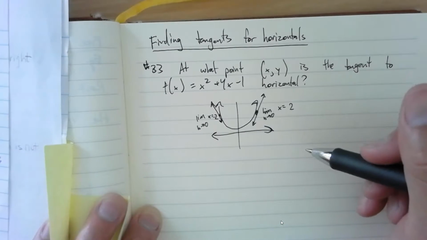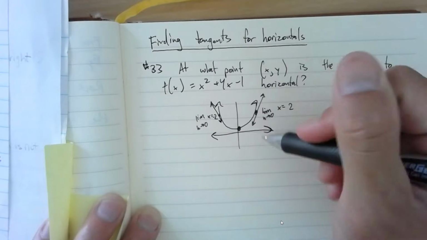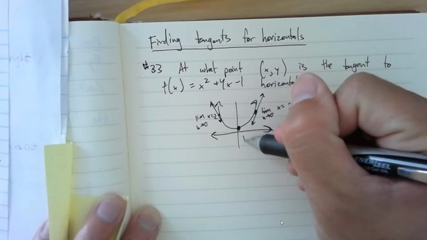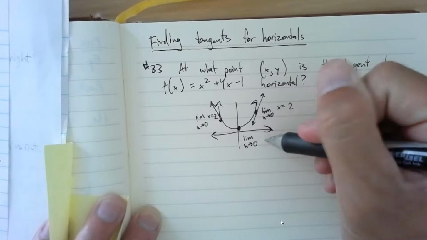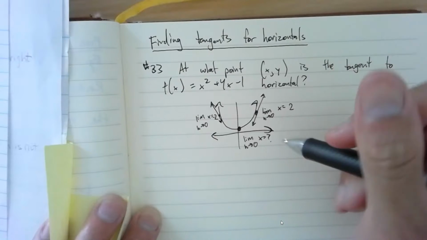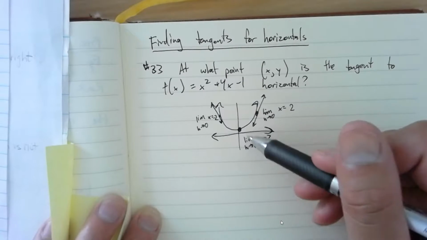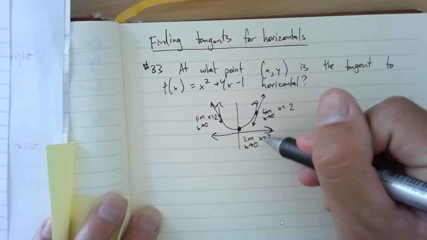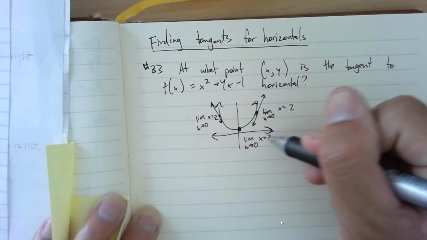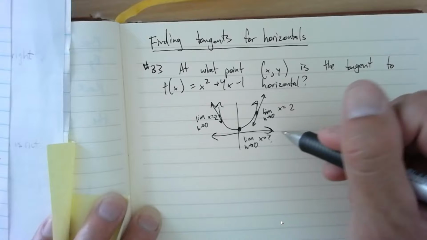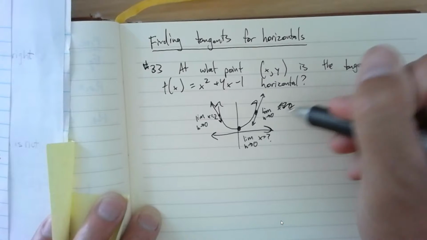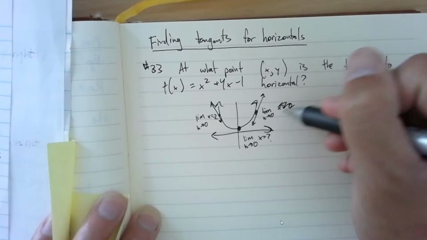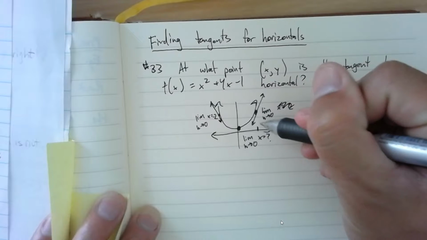What we're trying to find out is at what point is it horizontal? Again, it's nothing different with the limit as h approaches 0, and we're trying to find what the x value is.